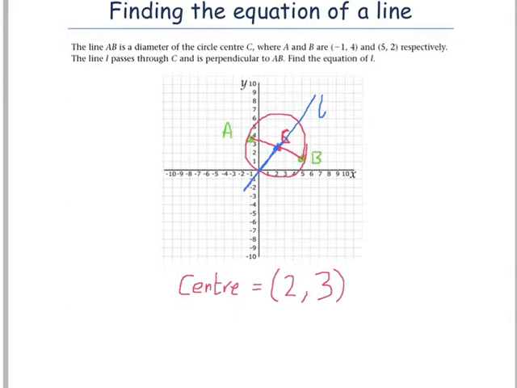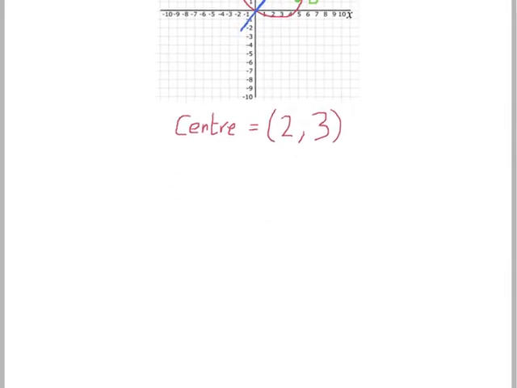The second thing we need to find out, before we can find the gradient of the perpendicular line, is the gradient of the diameter AB. So, remember from Core 1 that the gradient is calculated by finding the change in y divided by the change in x.